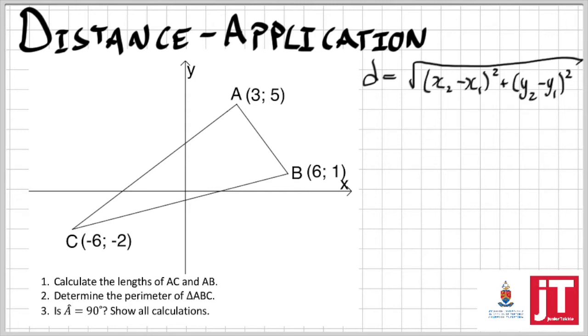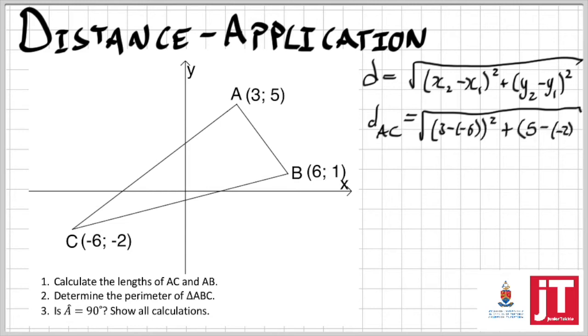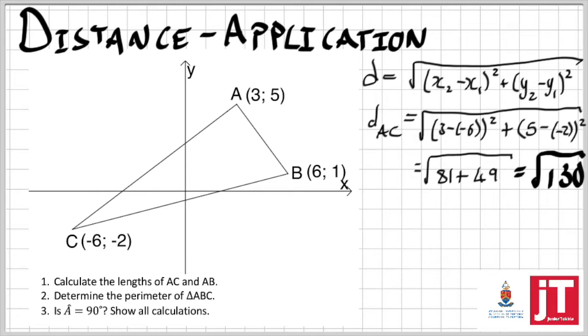So this formula, I love it and it's easy. Let's substitute in. The distance between A and C is simply the root of 81 plus 49, or the root of 130. Please do not worry about putting that step in.